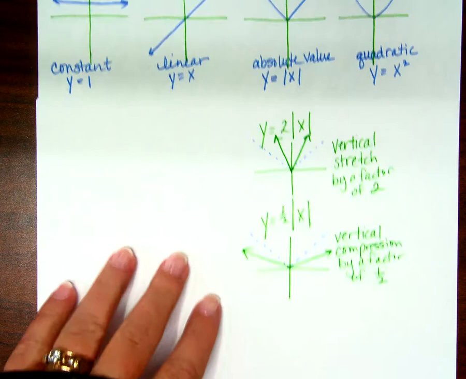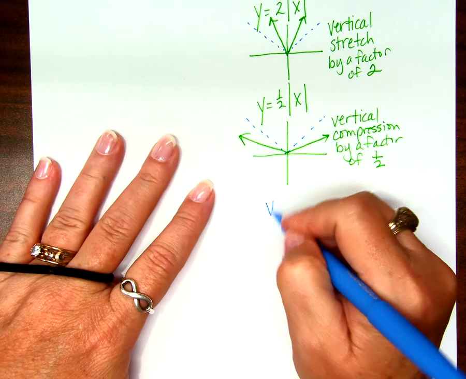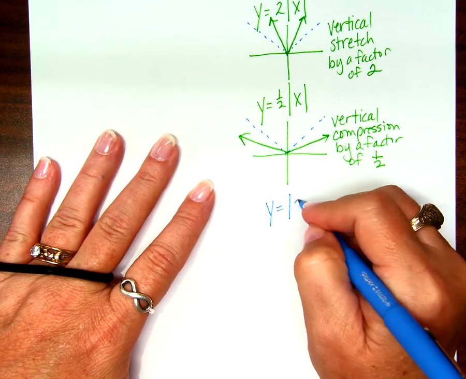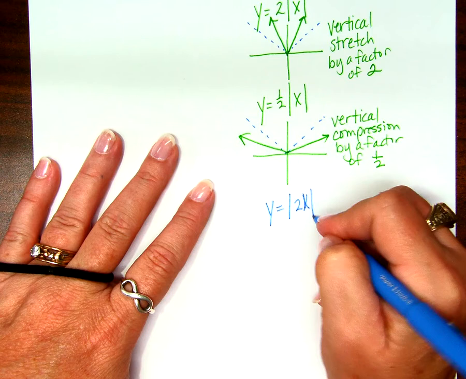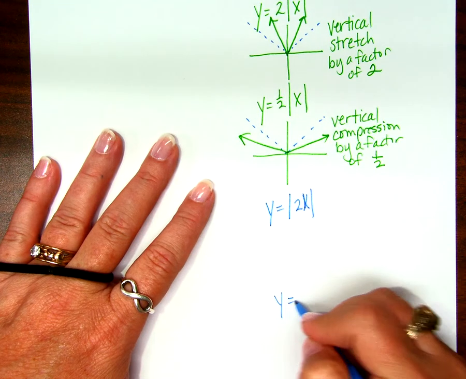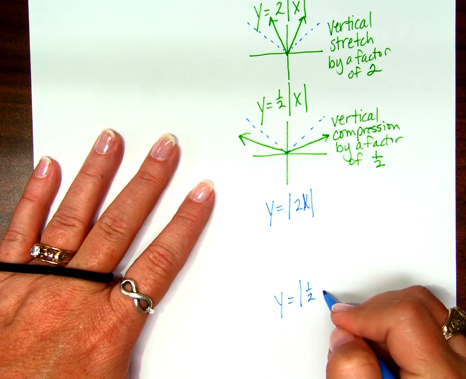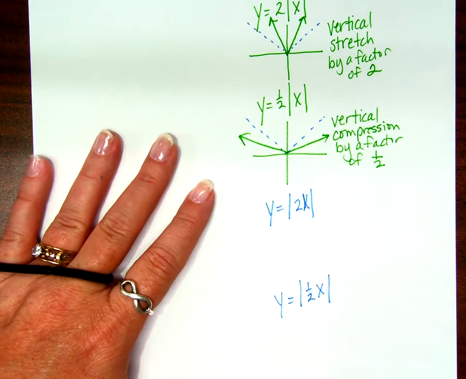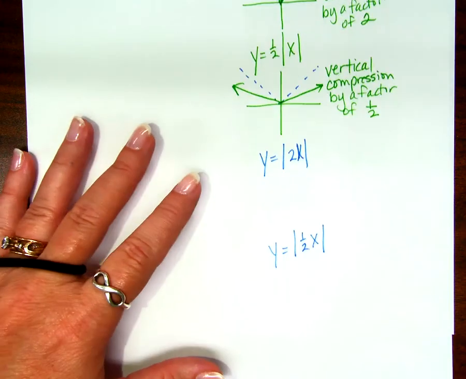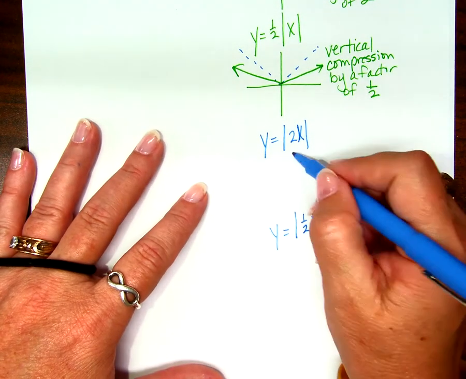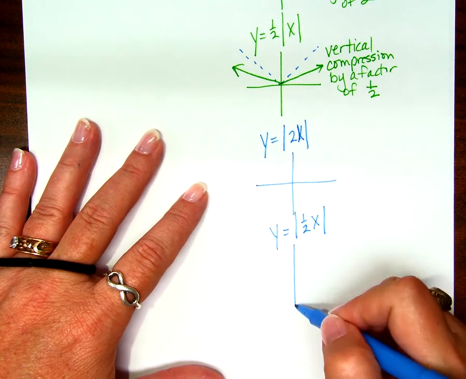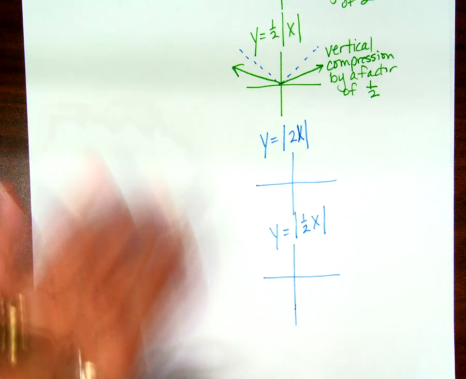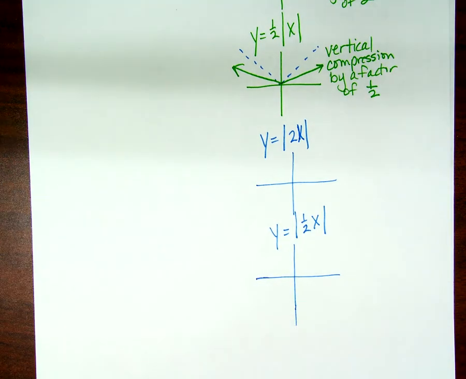So what happens for this one? Where is the multiplier? Inside, which implies that it's going to be what kind of change?